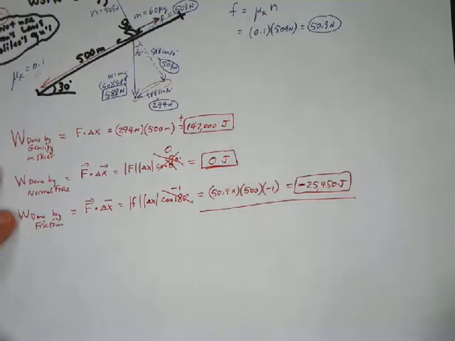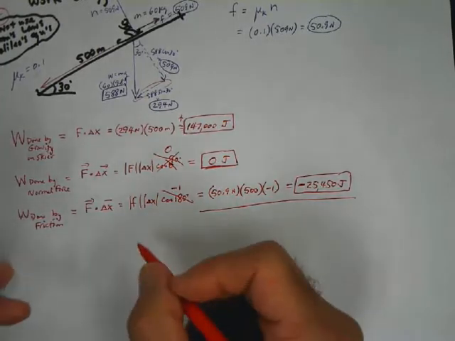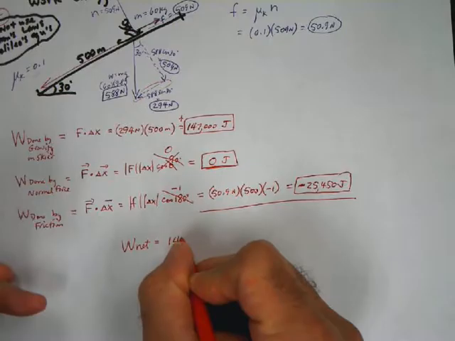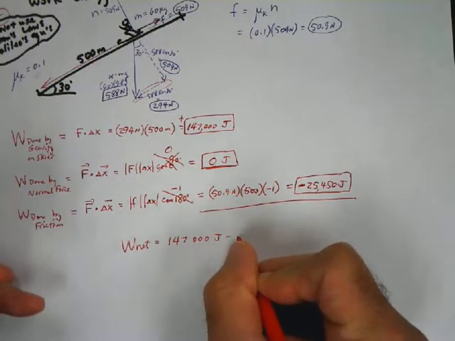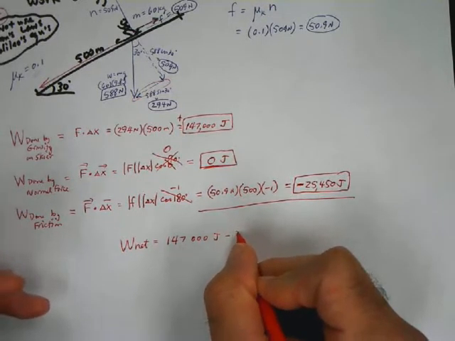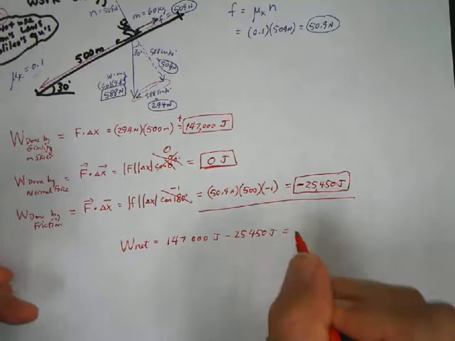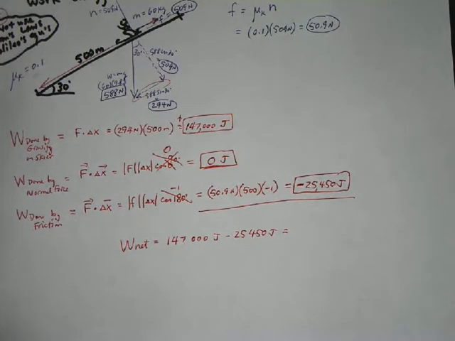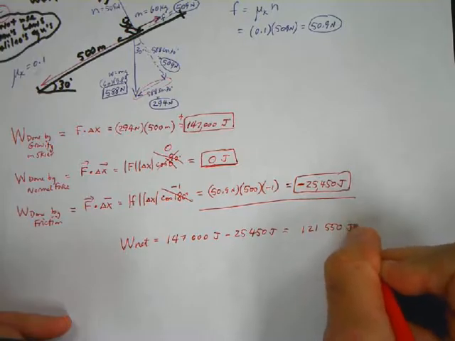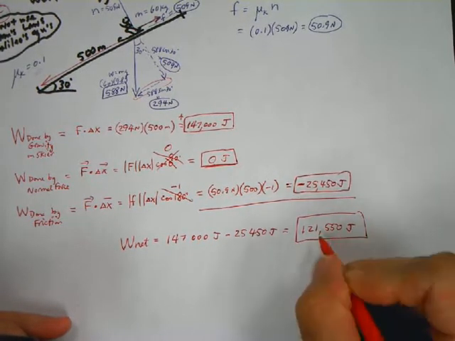The net work would be 147,000 joules minus, or in other words, plus a negative 25,450 joules, and that gives us 121,550 joules. That's the net work done on the skier.